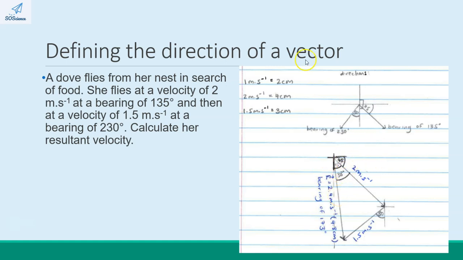Now, when I measured this angle here inside the triangle, I got a 38-degree angle. So that means that I've got 90 degrees plus this 45-degree angle plus this 38-degree angle, which gives me a total bearing of 173 degrees.